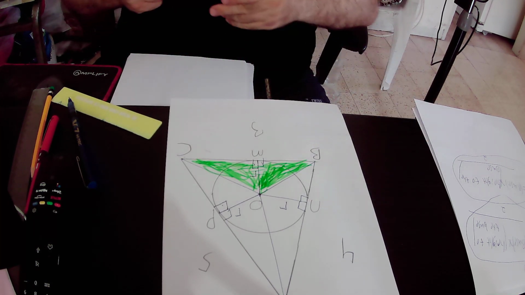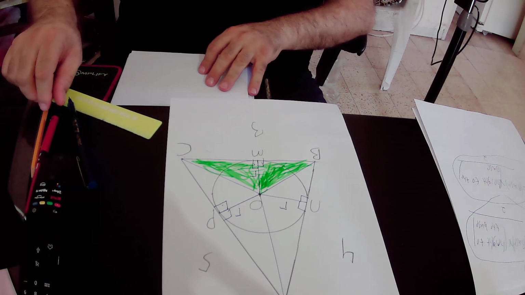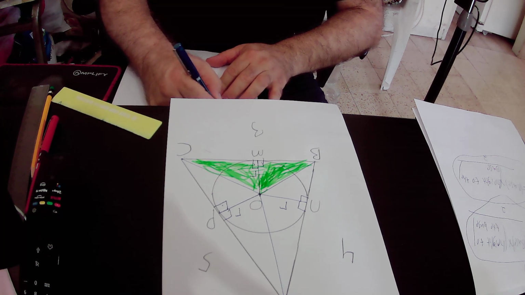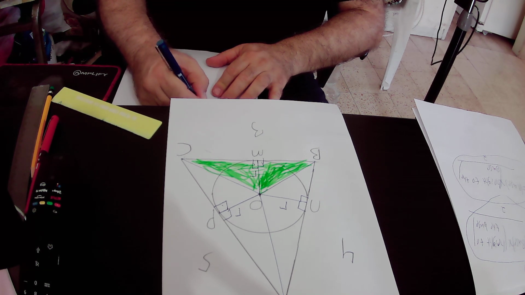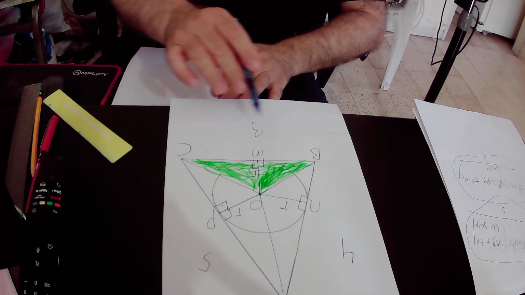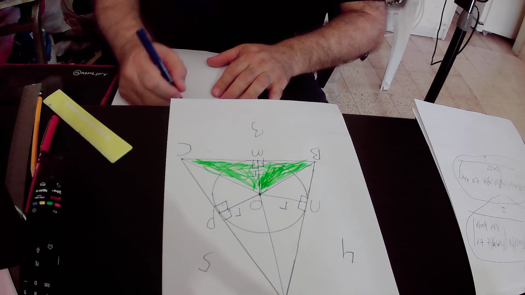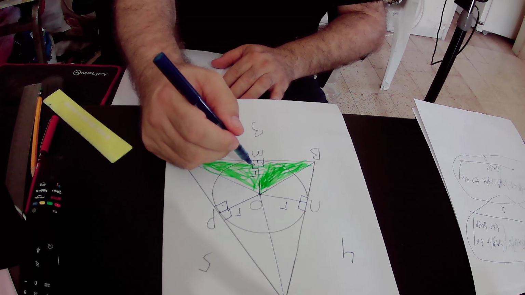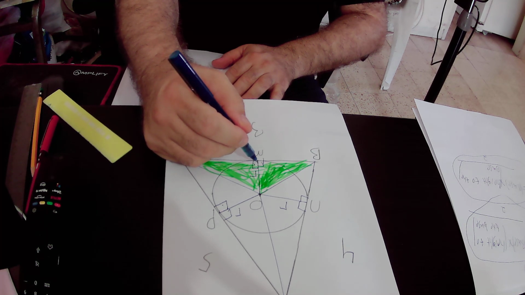So actually the area of the green triangle BOC will be equal to the base of the triangle. The base of the green triangle is 3 units. It is given to us in the question, times the height to the base. As I already told you, the height must create 90 degrees with the base.